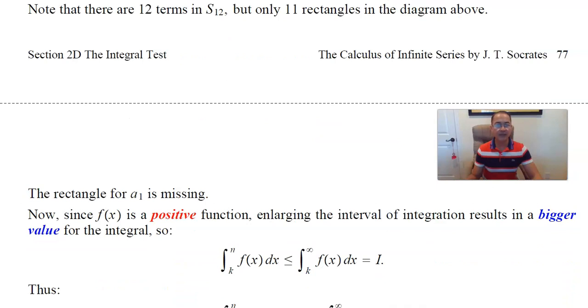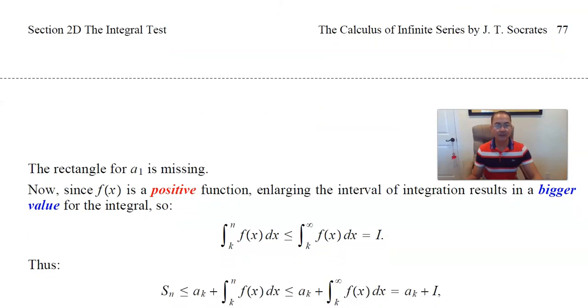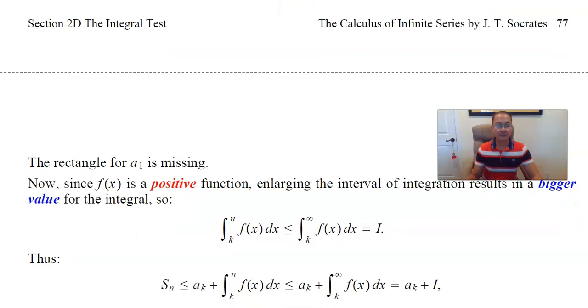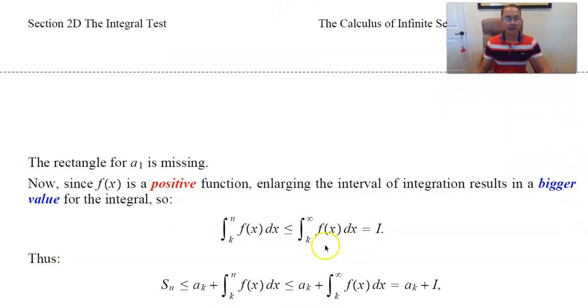Of course, a1 is missing, but we know that the integral up to n is at most the integral from k all the way to infinity, because we're integrating only up to 12 in that diagram. If you integrate all the way to infinity, if you push further to the right, then of course you get a bigger number.